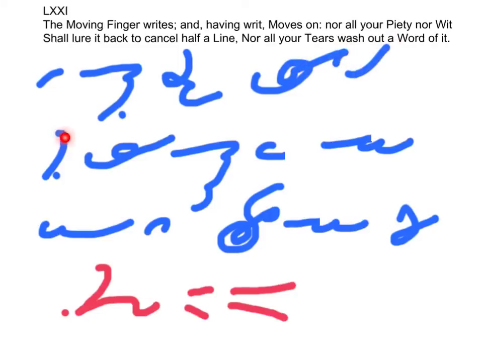V is have, and the dot on the end is ing, having.